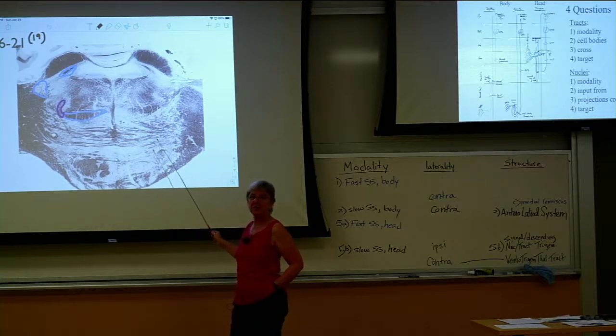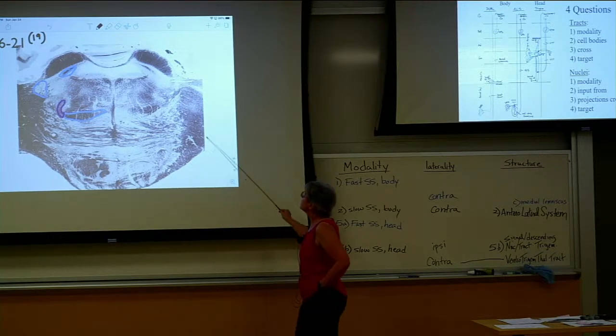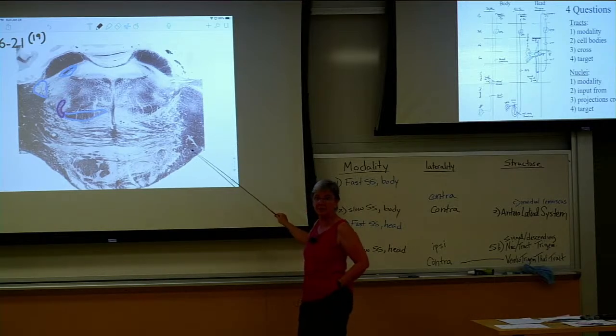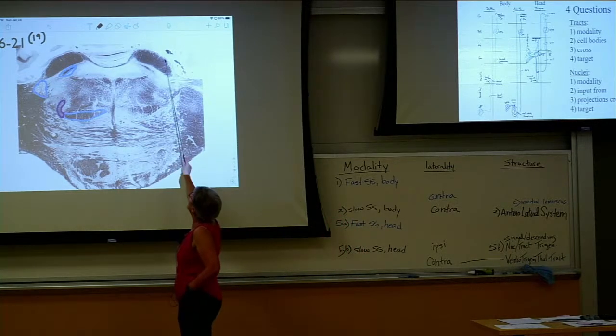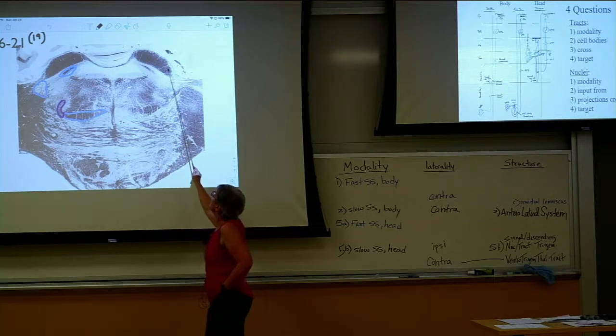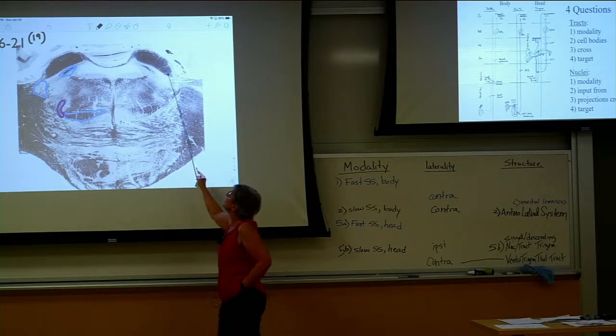Pause if you need to. Those are the pontine nuclei. We also have a nice big fiber tract out here laterally. Pause if you need to. Middle cerebellar peduncle.